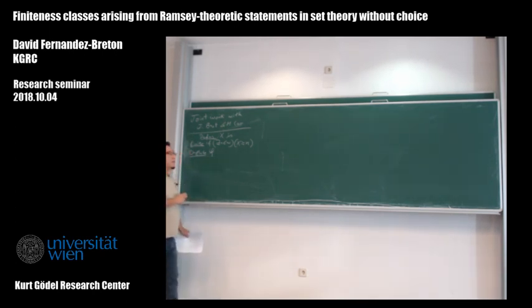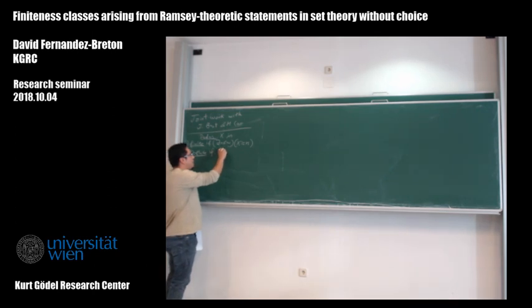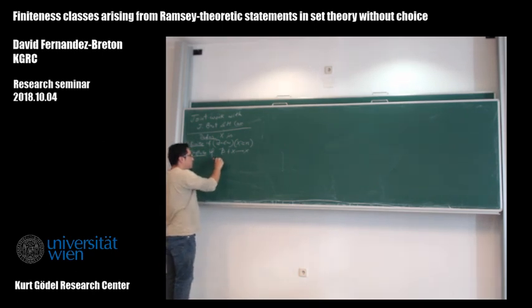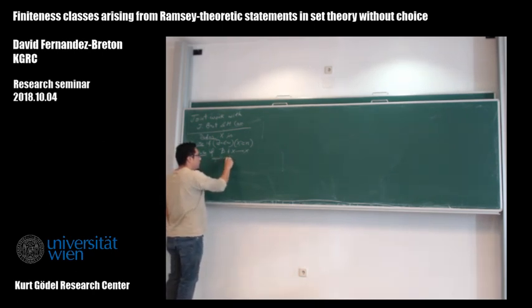Let me remember, because sometimes I remember a statement and then I need to put a negation on it. D-finite would mean there is no function from X to X that is injective but not surjective.